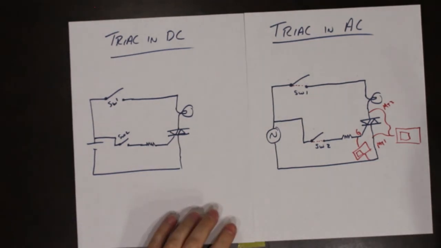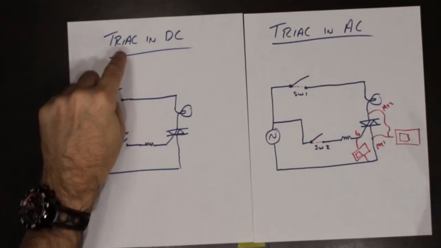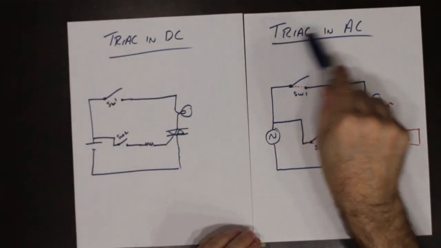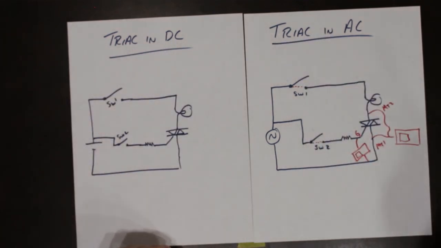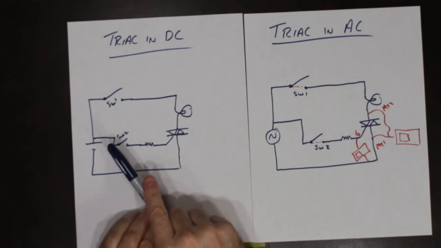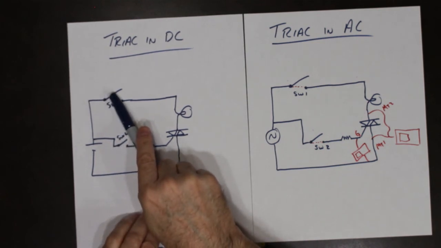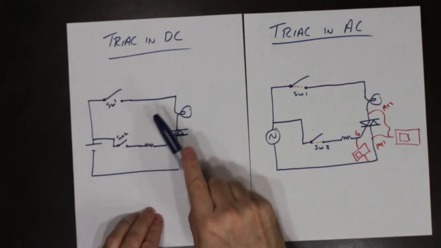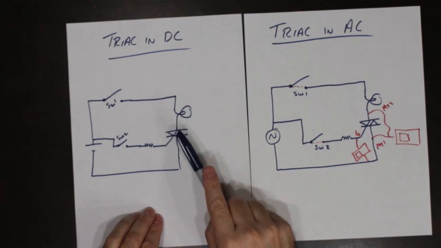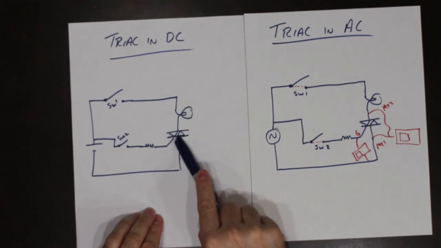Alright, so let's take a look at these side by side. The triac in DC versus the triac in AC. So, when I close both of these switches, the light bulb will come on because the thyristor will conduct.